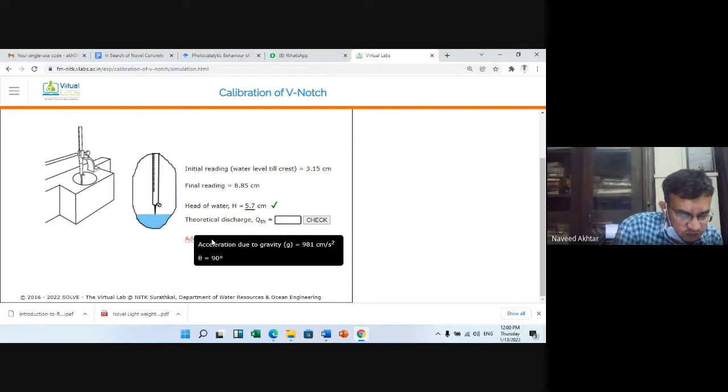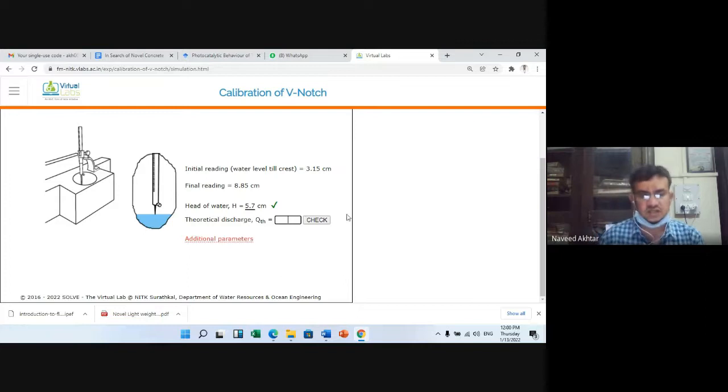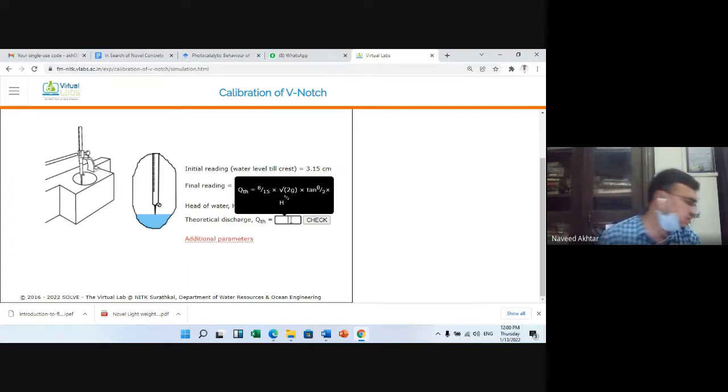And then you will find out the Q actual, then CD for trial 1, Q actual upon Q theoretical. कितना आया Q theoretical? Not taking too much time. सिंपल सा फॉर्मूला भी दिया हुआ है, वैल्यूज भी मालूम हैं, जस्ट रिपीटिंग एंड सॉल्व.